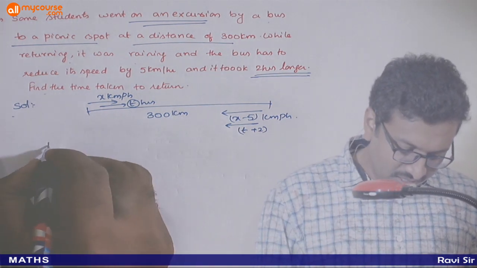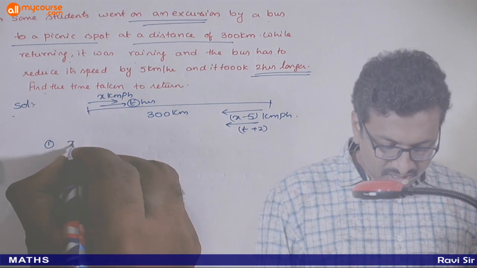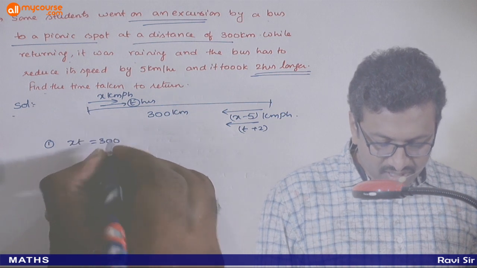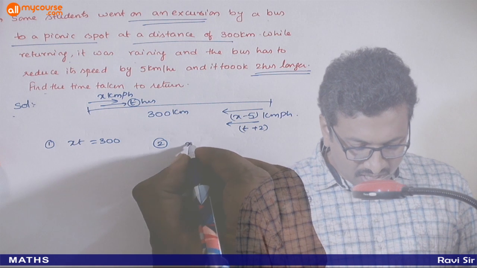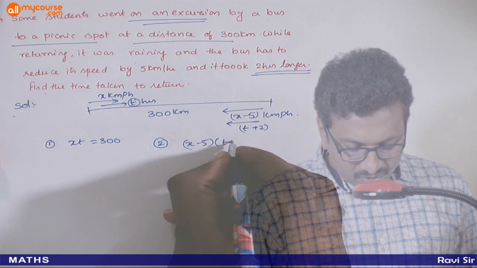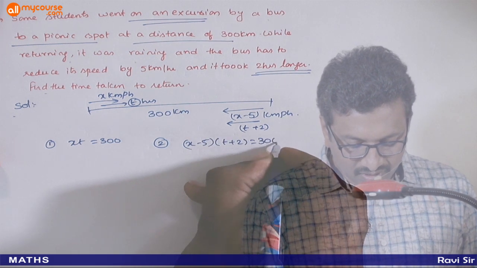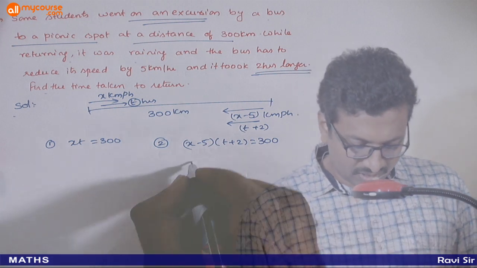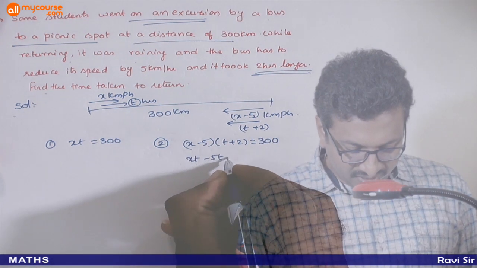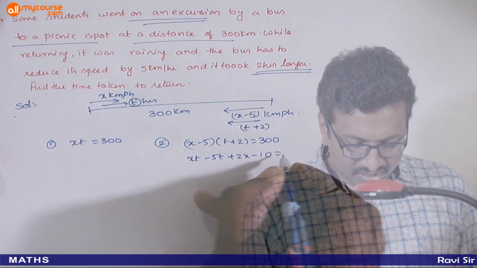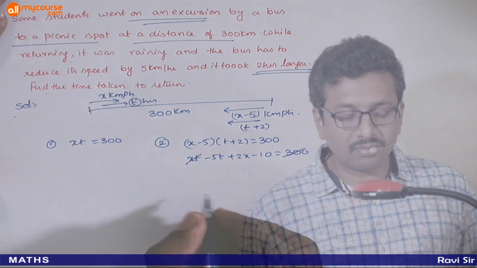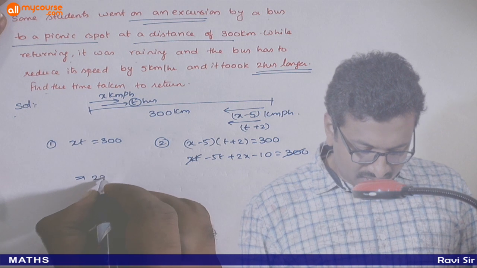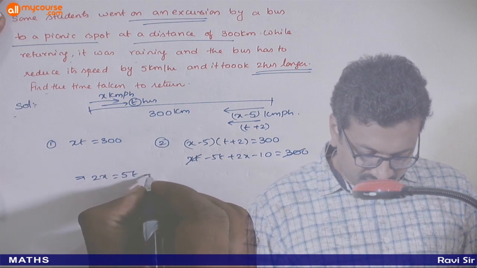So what are the equations? x into t is equal to 300, distance is equal to speed into time. (x minus 5) times (t plus 2) is also equal to 300. So from here, xt minus 5t plus 2x minus 10 is equal to 300. So xt and 300 cancel. So 2x is equal to 5t plus 10.